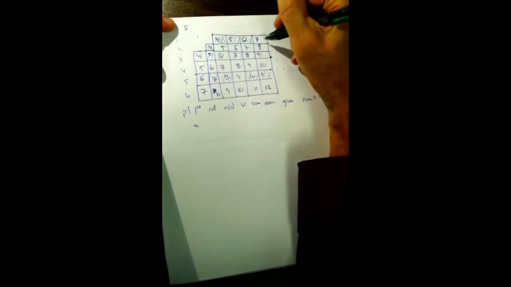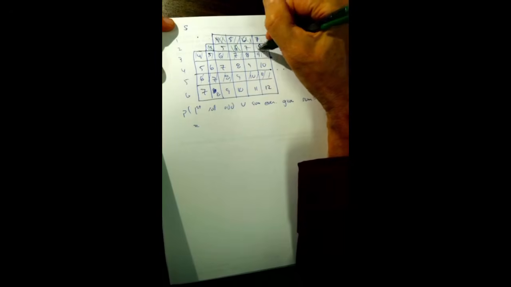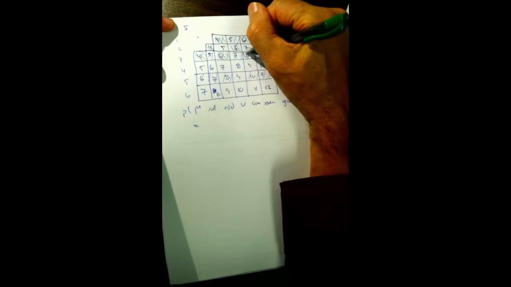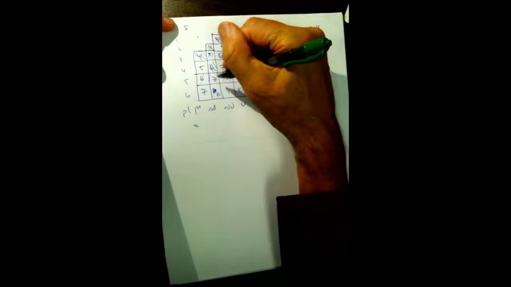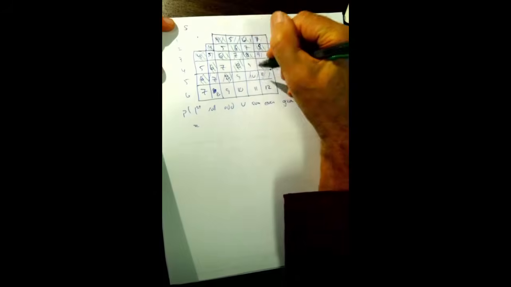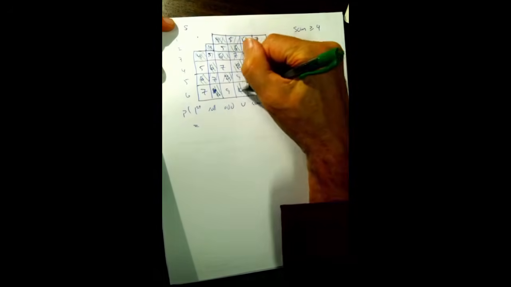And then in terms of even, I could be here. Be careful here. So 4, 6, 8, 6, 8, 10, 6, 8, 10, 8, 10, 12.